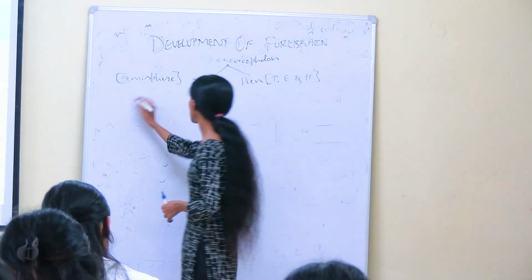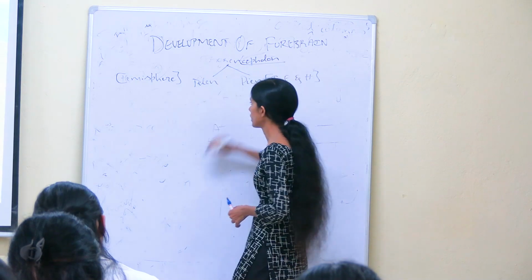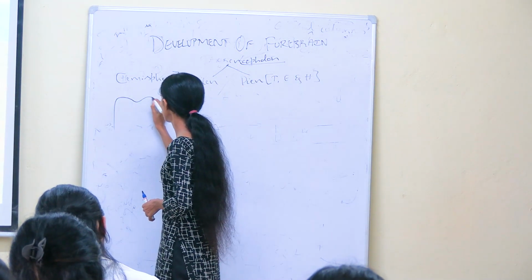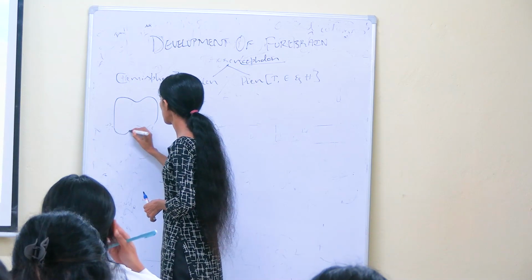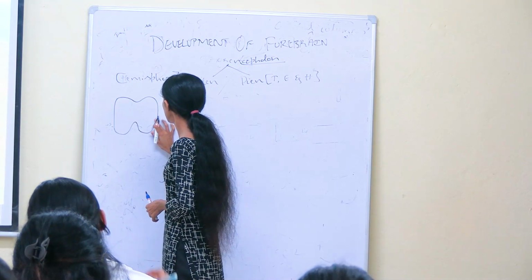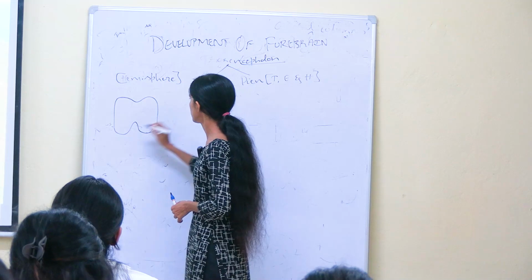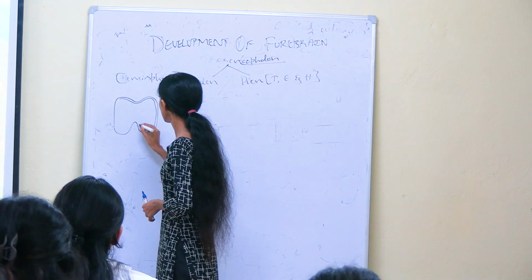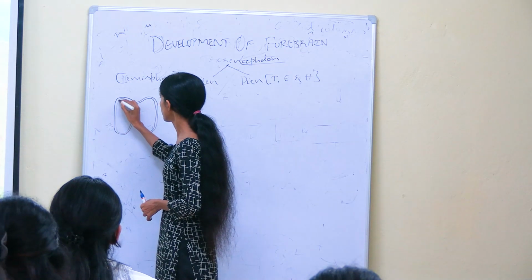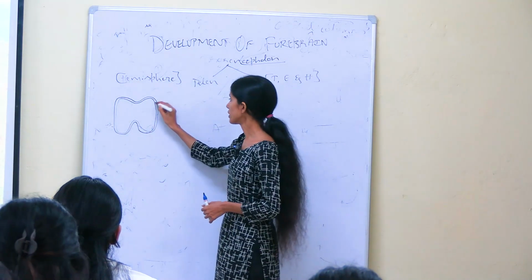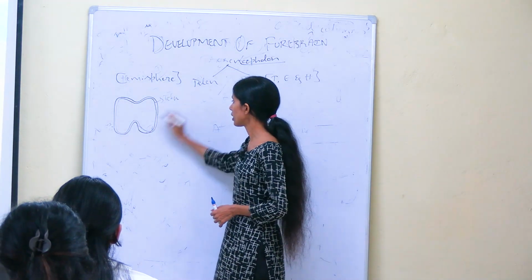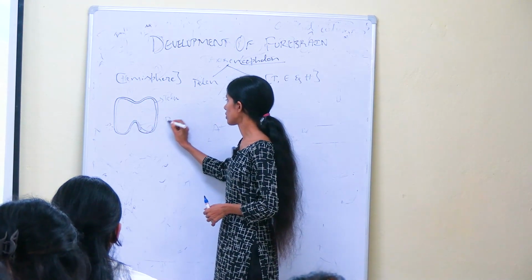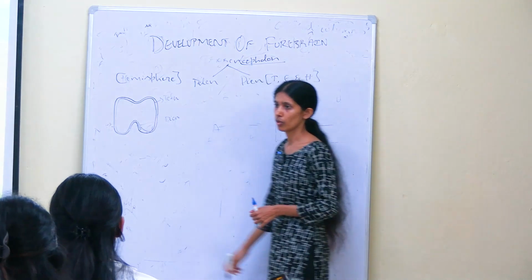So if you take the cross section of your prosencephalon brain vesicle, this is how the structure will look. This is your telencephalon part and this is your diencephalon part, okay?